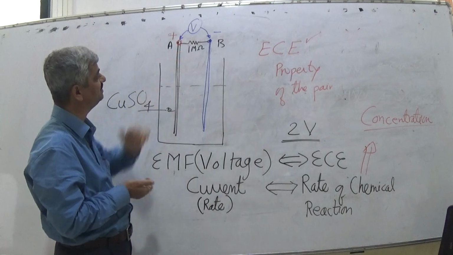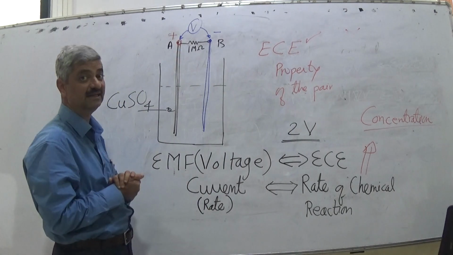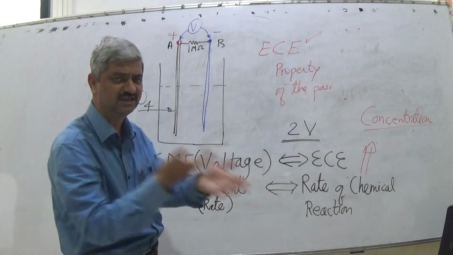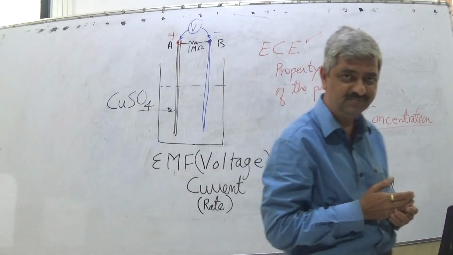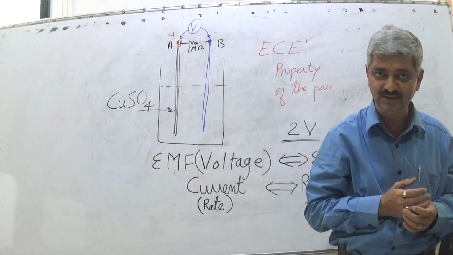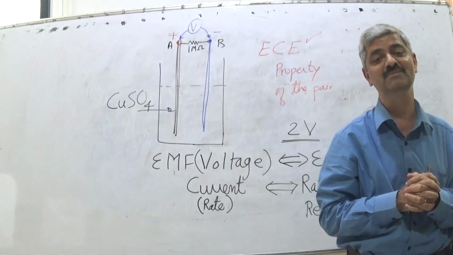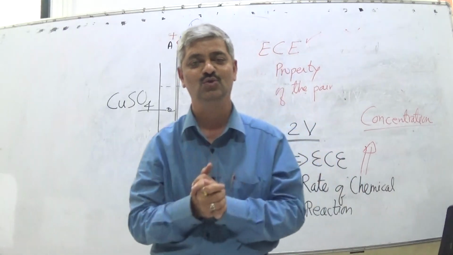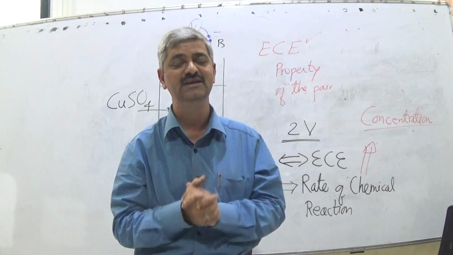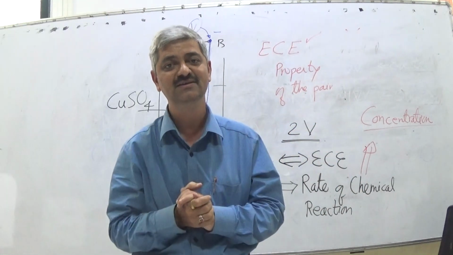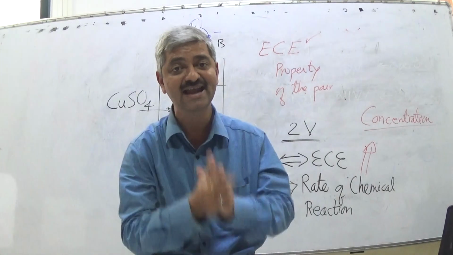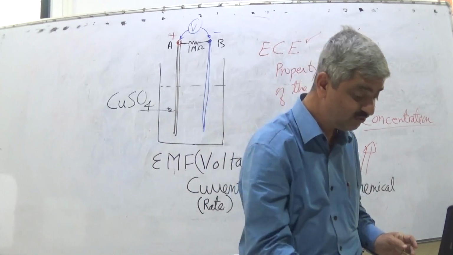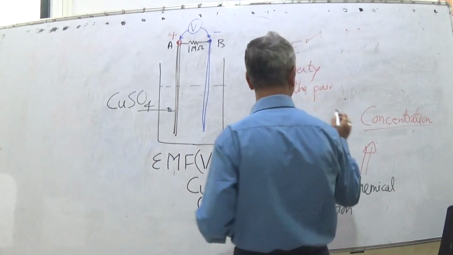So if I reduce the resistance, the current should increase, but it may not increase because concentration is less. Then there is a simple one. You increase concentration, what is the problem? There is a problem. That problem is that the concentration of electrolyte cannot be increased beyond a point, and it has a finite limit. That is, the electrolyte gets saturated.